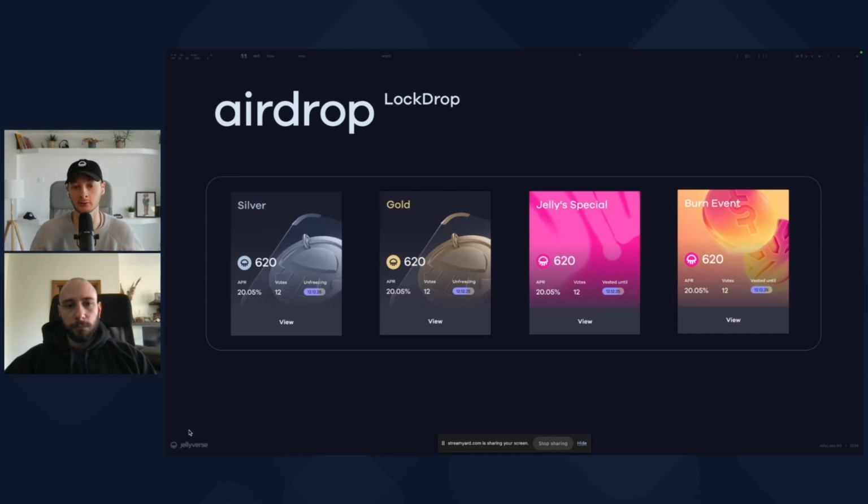This is the way it works on Jellyverse, right? You are in staking, then you have one of those beautiful staking NFTs where you see your APR, your votes, and your unfreezing time, and you see how much Jelly is inside of this NFT. And you can always view it. You can always extend the vesting period to get more rewards. You can always add more Jelly to get more rewards, but you cannot withdraw the Jelly from this position.